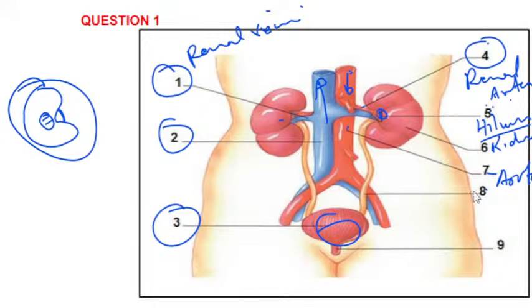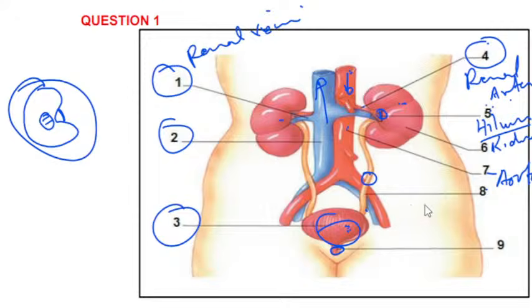And then number 7 we said is aorta. Number 8 are the tubes which bring the urine from the kidney to the bladder. So these tubes are called, look, there is a difference between this tube and this tube.